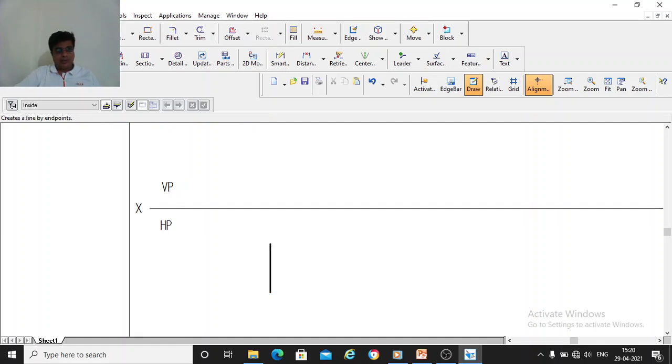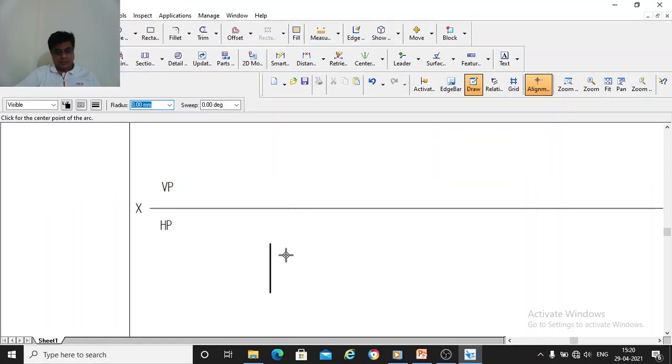For that, again I told you, you should take the compass. From this end of the line, you draw an arc of 25 mm radius. With your compass, take 25 mm radius, keep the center on this end here, and draw a thin arc here.